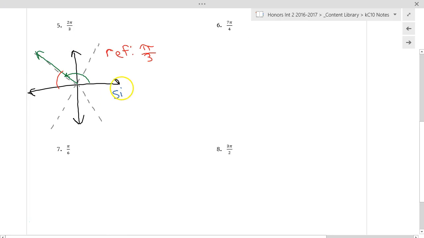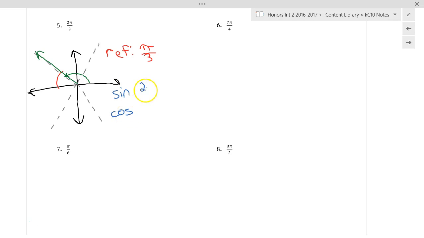I'm not going to flip back, so I don't get all messed up. But sine of 2 pi over 3 is square root 3 over 2, and cosine is 1/2.